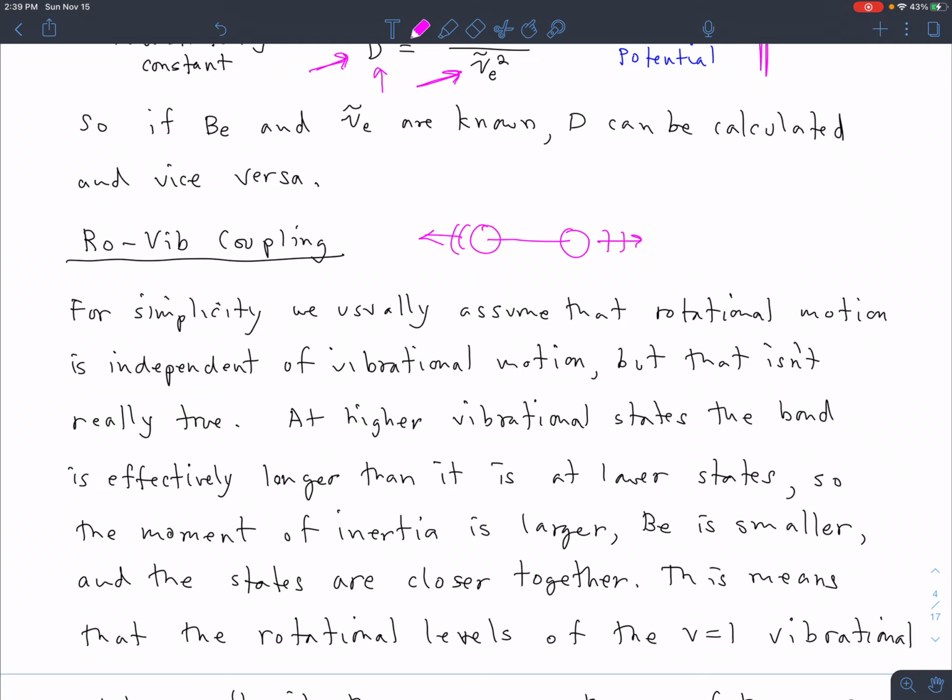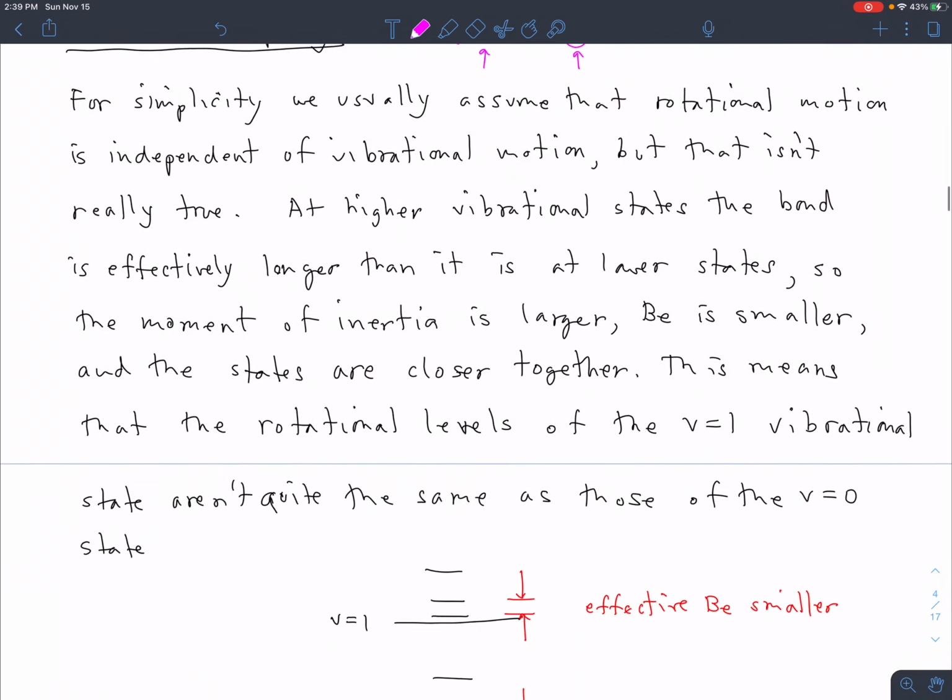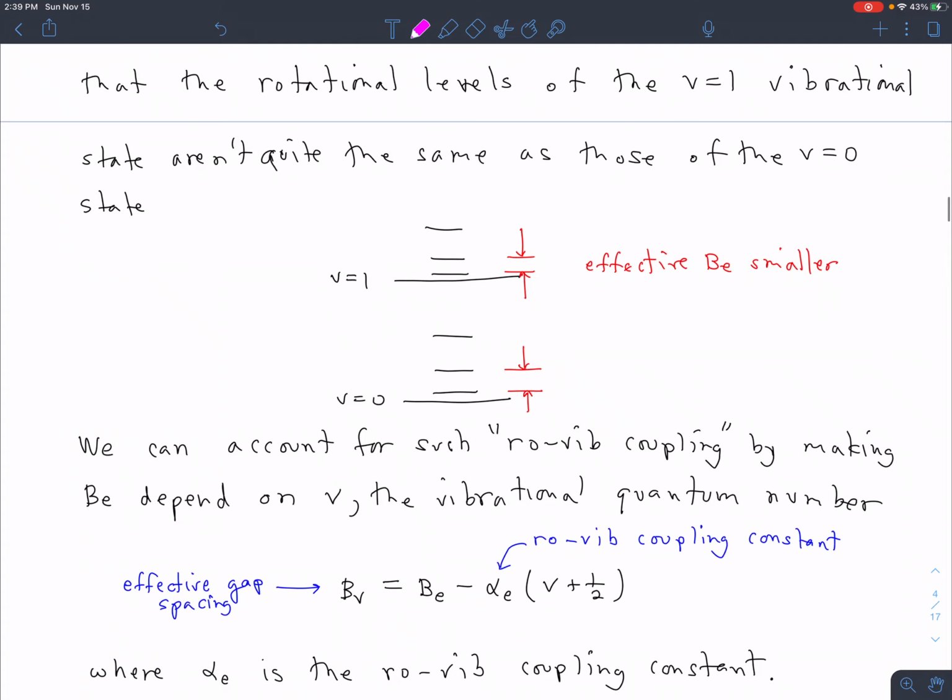The way that shows up in the spectrum is that the gaps between the rotational levels when you're in the first excited vibrational state are smaller than the gaps between the rotational levels when you're in the vibrational ground state.